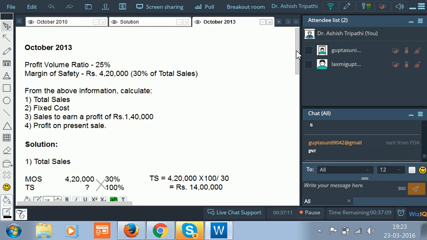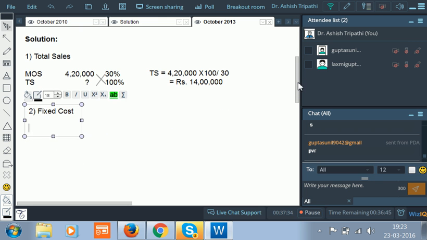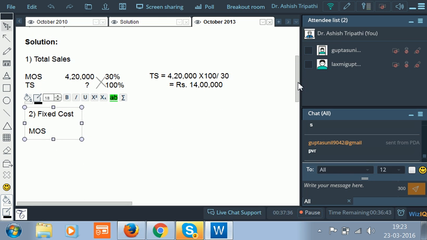See, we have margin of safety, we have total sales. Total sales is nothing but actual sales. Will it be possible for us to calculate break-even sales? हमारे पास margin of safety है, हमारे पास actual sales है. Can we apply the formula of margin of safety is equal to actual sales minus break-even sales? Yes, we can. Let us try.